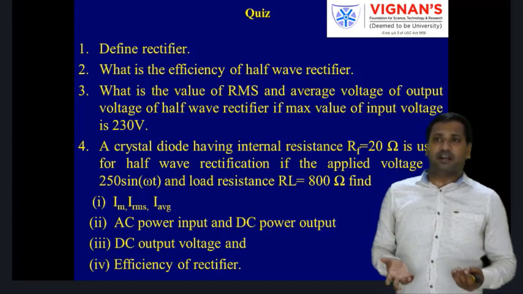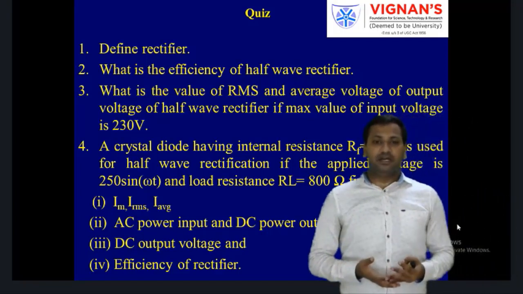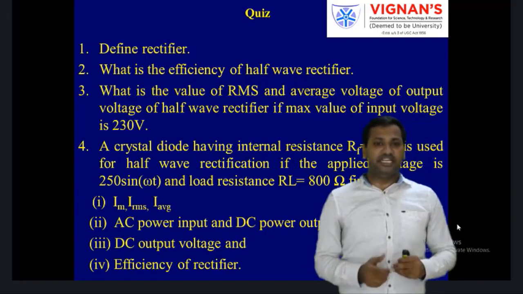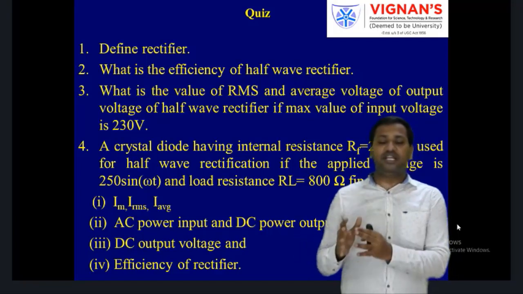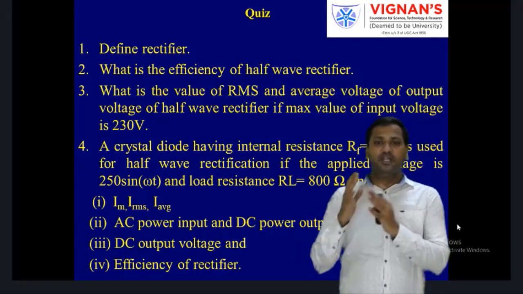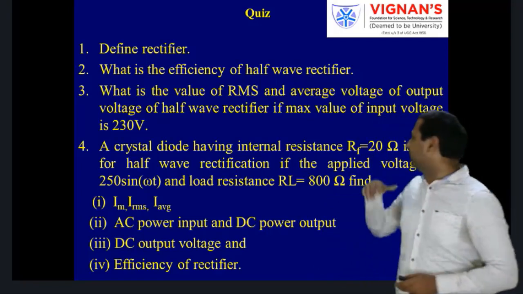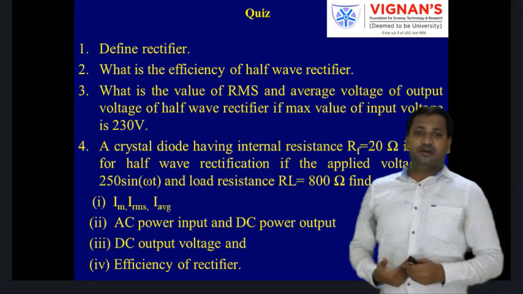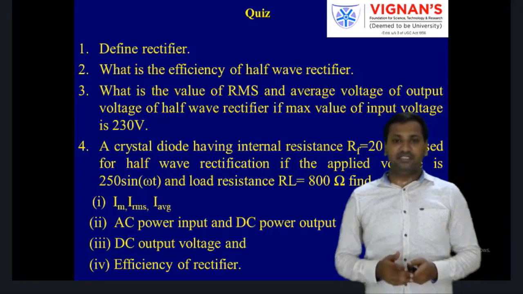The AC input power, as we already discussed, you get by multiplying VRMS and IRMS, and by multiplying the DC voltage and DC current of the output you will get the DC output power. Then the efficiency of the rectifier, by taking the ratio of DC output power to AC input power, we will get the efficiency for the given specifications.